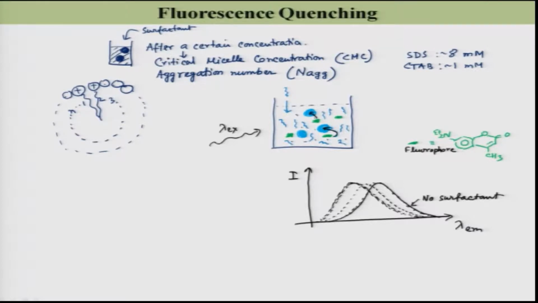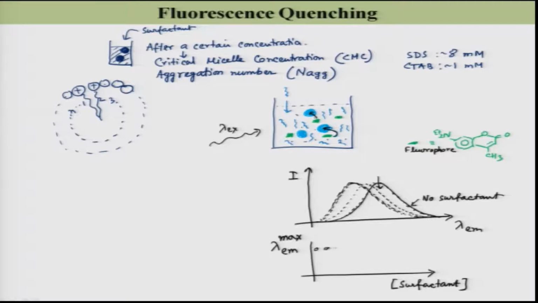So, if I now plot in a different way the concentration of surfactant versus lambda emission maximum, then for a low value of the surfactant, this lambda was at a high value, lower energy, as you have seen here.